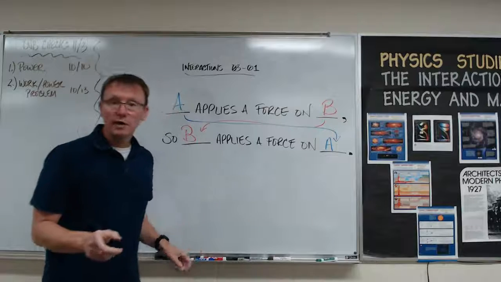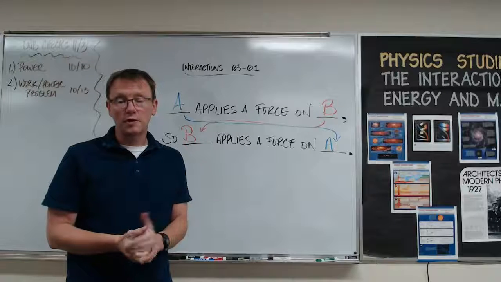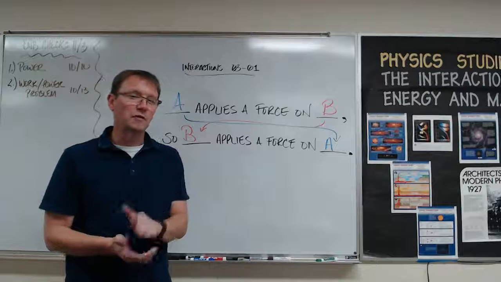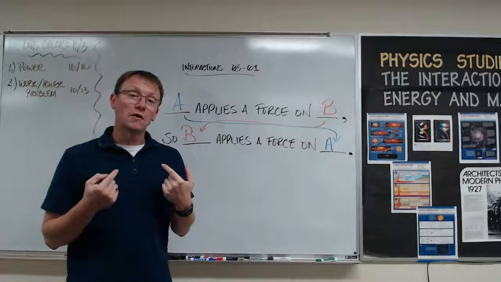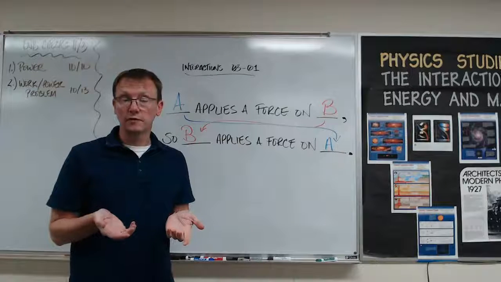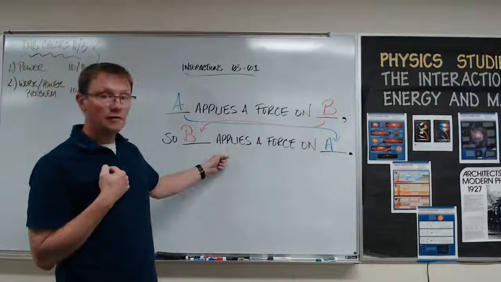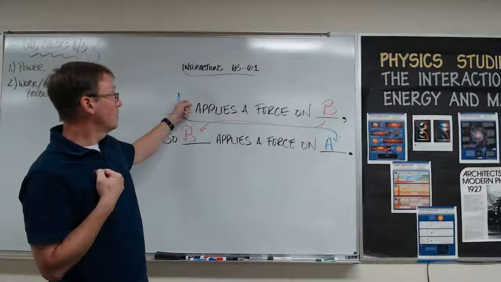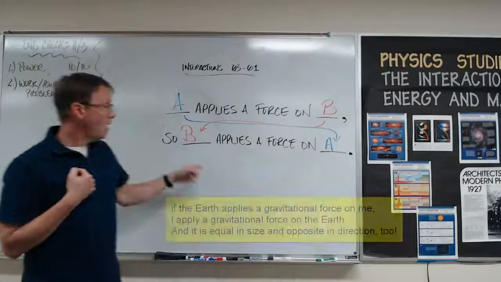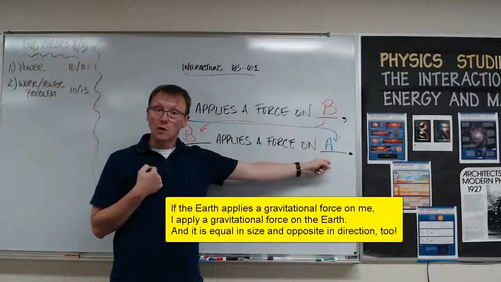Now, where it gets weird is with things like gravity. So gravity applies a force on objects, and we've talked about that a little bit, but I want you to think about this in terms of Newton's third law. So the Earth applies a force on me right now. That's why I'm sticking to the surface of the Earth. So the Earth applies a force on me, but Newton's third law says if the Earth applies a force on me, I apply a force on the Earth.